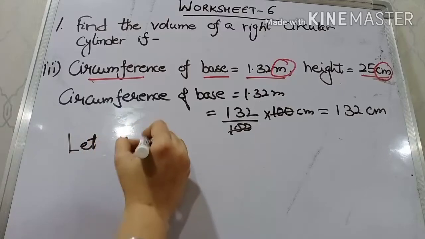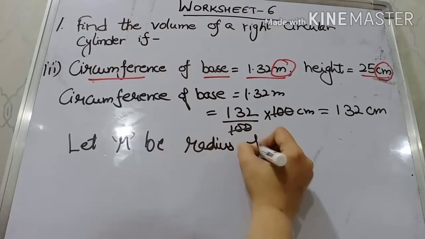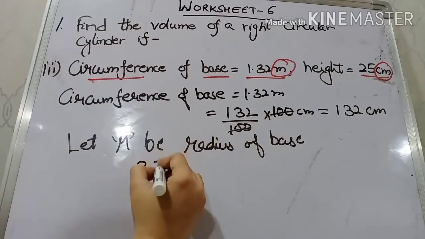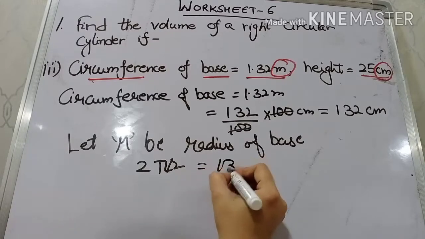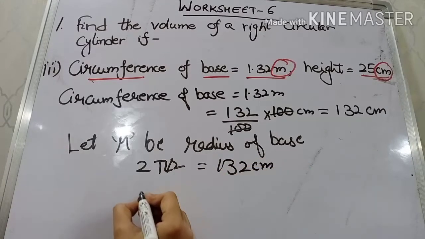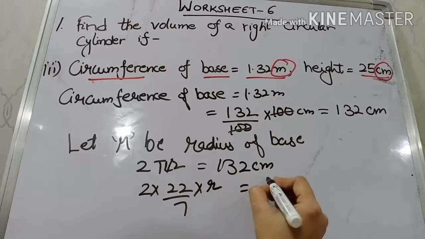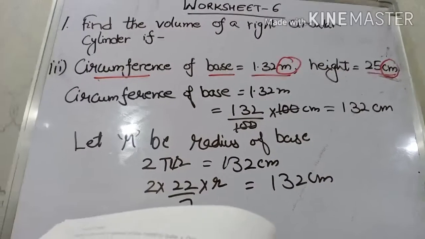Let r be the radius of base. Base is of circular shape, so circumference is 2 pi r. 2 pi r is equal to 132 centimeter. 2 into 22 by 7 into r is equal to 132 centimeter. And what will be the radius?